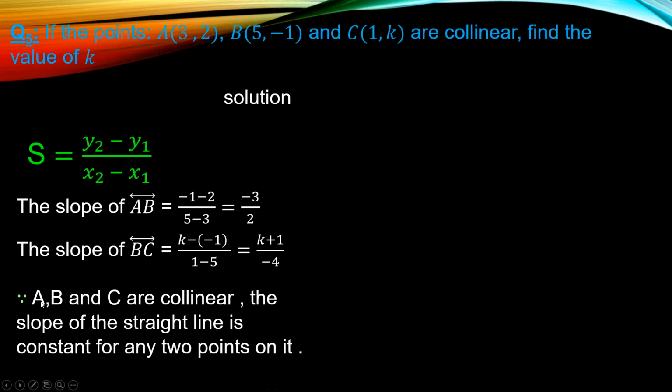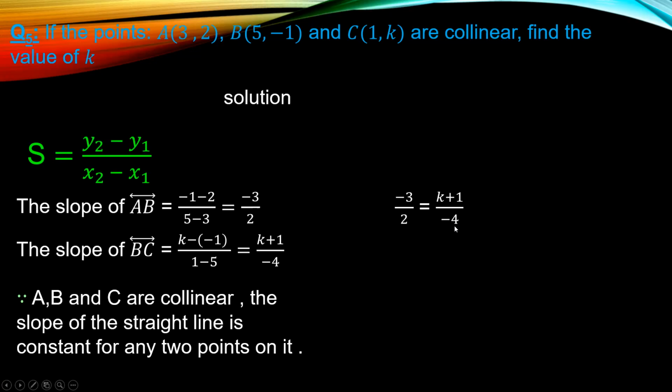Here, since the points A, B, and C are collinear, the slope of the straight line AB equals the slope of the straight line BC. So to find the value of k, I will make -3 over 2 equal k plus 1 over -4.